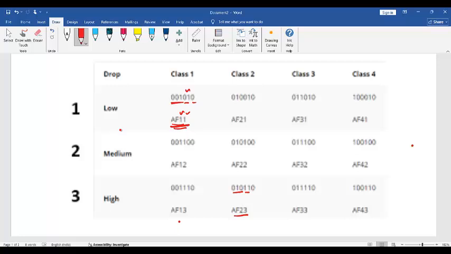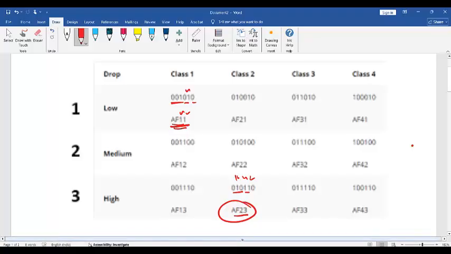Yeah, AF23. So if you don't know this, what people do is they calculate like this. This is 2, this is 4, and this is 16. 16 plus 4, 20, 22 they will say. It is not correct. Not matching, right? 22 is not correct. This is AF23. Sometimes they calculate 2, 4, 8, 16.